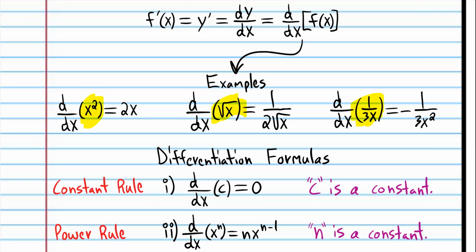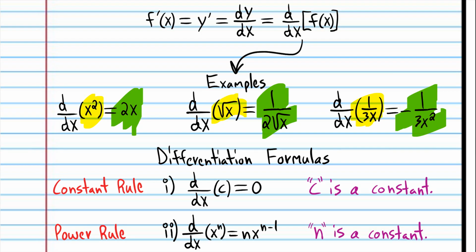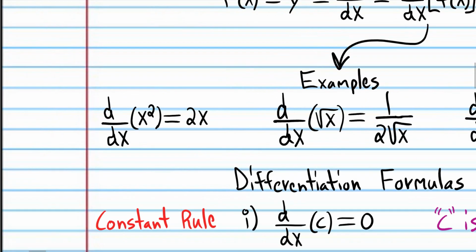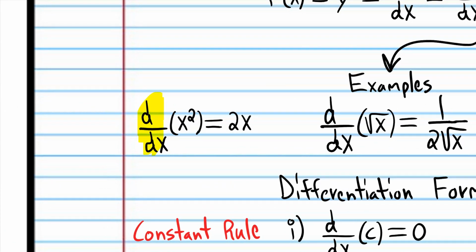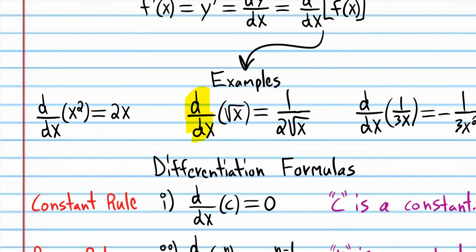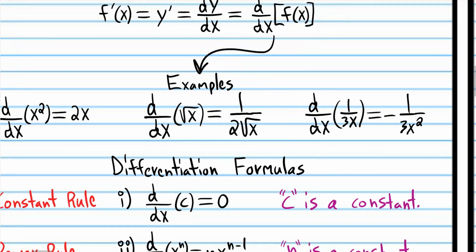And these green expressions are the derivative functions of the corresponding yellow functions. So the way that you read this is the derivative of x squared is 2x. The derivative of the square root of x is equal to 1 over 2 times the square root of x.